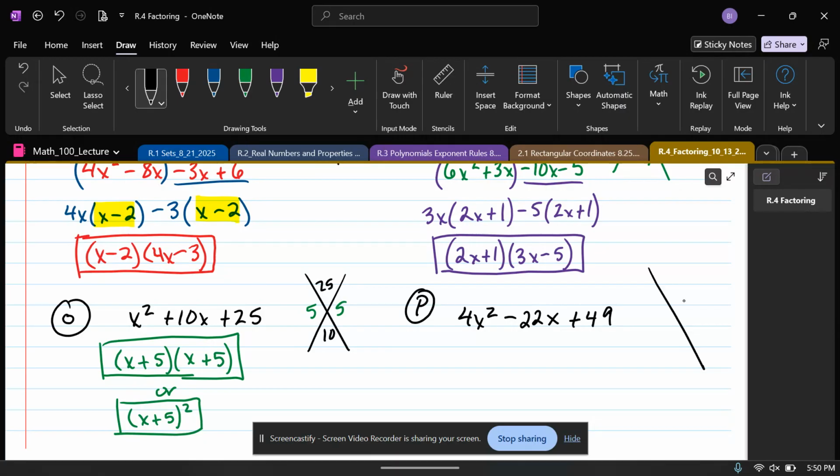Probably need a little help with the calculator there to get your 4 times 49, unless you're just really good at that. 160 plus 36, 196.